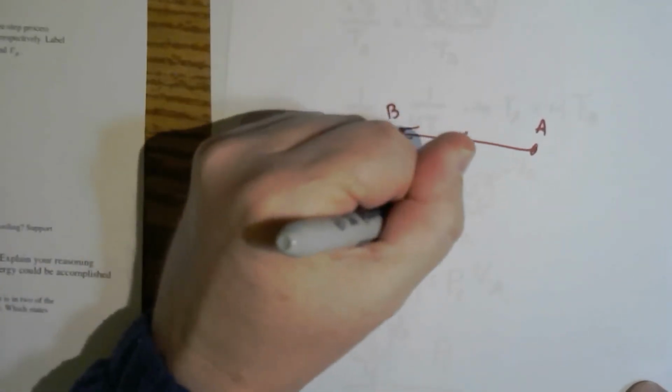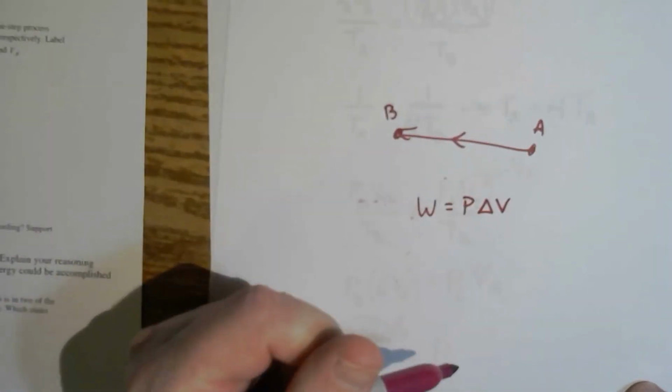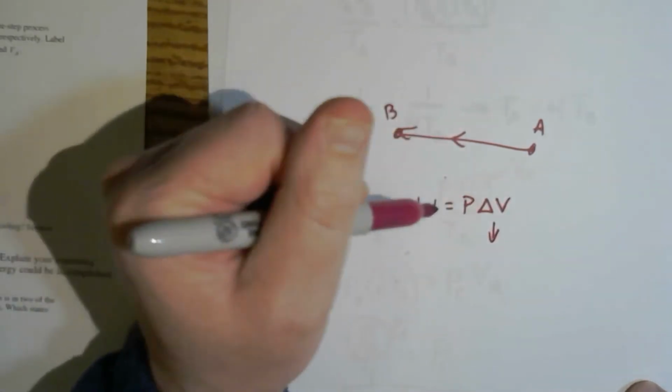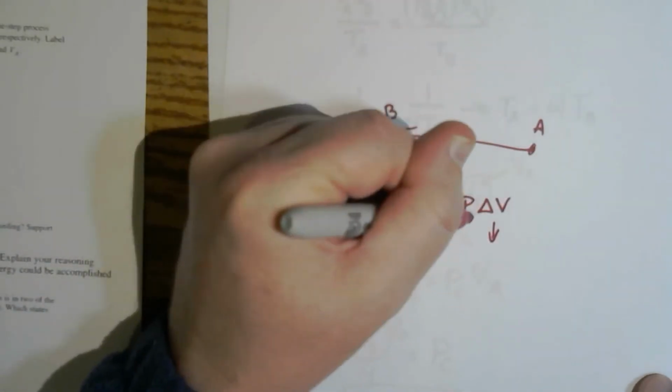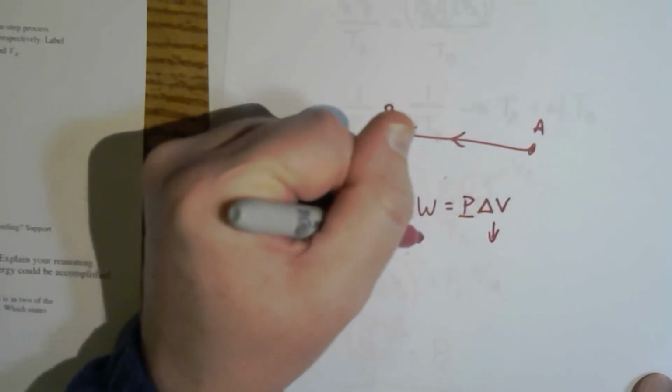Because if you remember, work is equal to the pressure times the change in volume for an isobaric process. Well, if this volume number goes down and pressure is being held constant, the only way for that to happen is if the work number goes down.